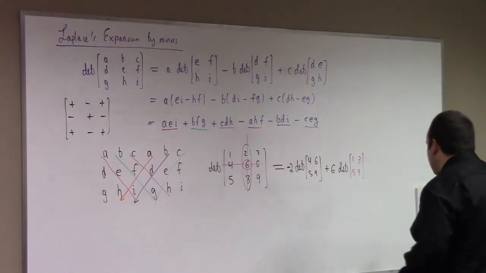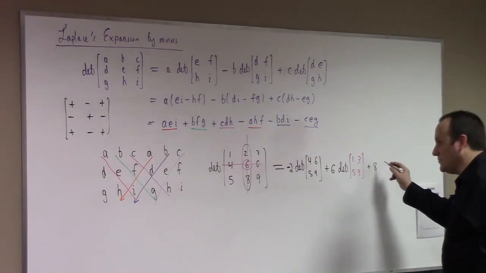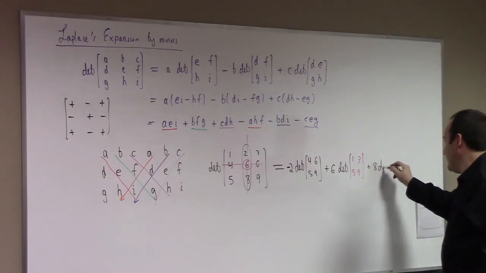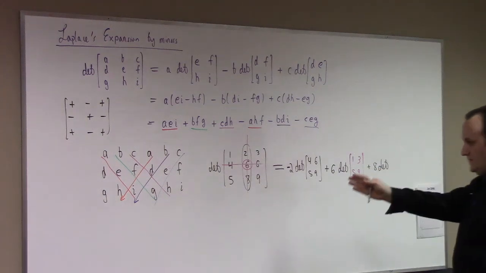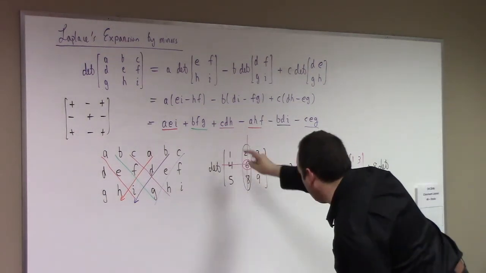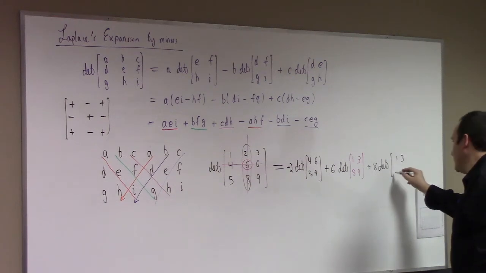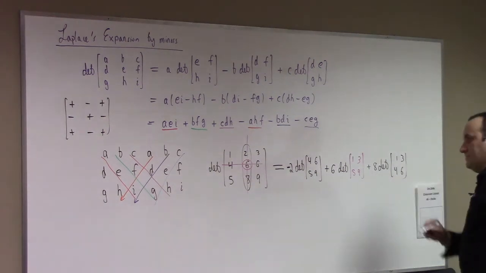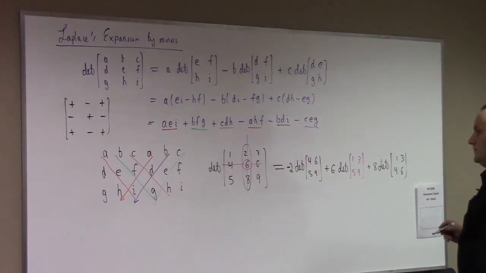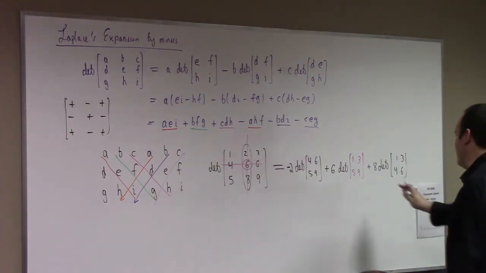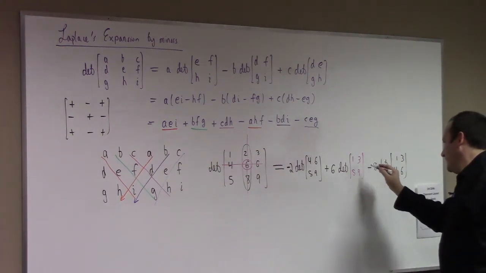Aha. Plus 8, take that table, times the determinant of everything that's not in that row and column. So that leaves me 1436, or 1346 as I usually read it. Minus, plus, oh yes, thank you, minus. Very good.